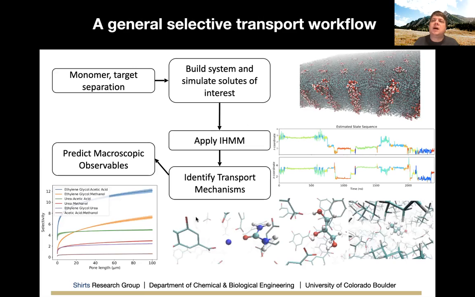For example, although these particular experiments had not been done, we can look at different selectivities of different solute species based on the mechanisms we observe. And the goal, and this definitely hasn't been done yet, is to take these observables, understand what is occurring in the transport, and then propose new monomers.